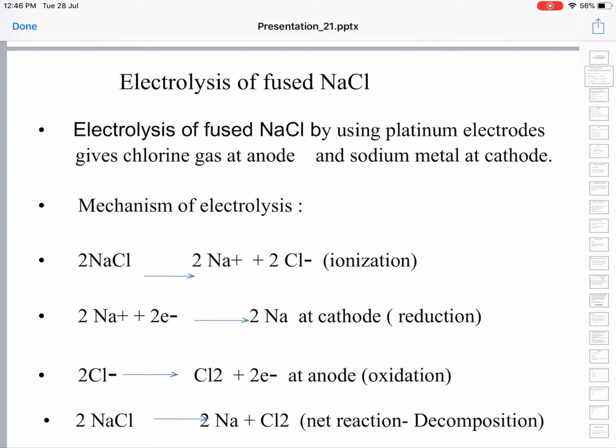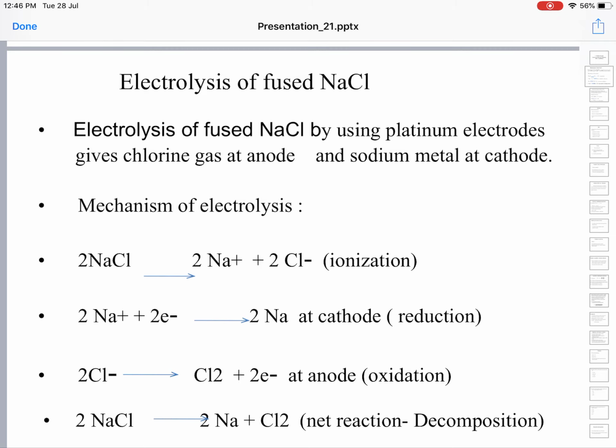Sodium gets octet configuration, that of neon, by turning into Na+ ion, while chlorine takes an electron from the sodium and also gets a 3s2 3p6 octet configuration, the configuration of argon, so it becomes stable. So chlorine has an extra electron from the formation of the ionic bond.